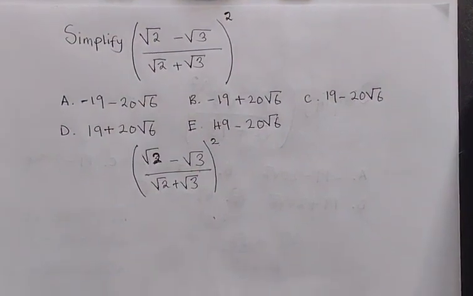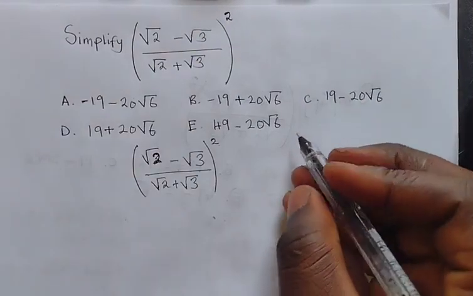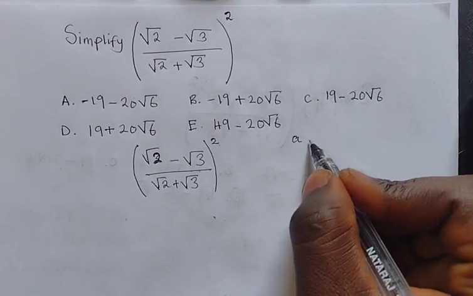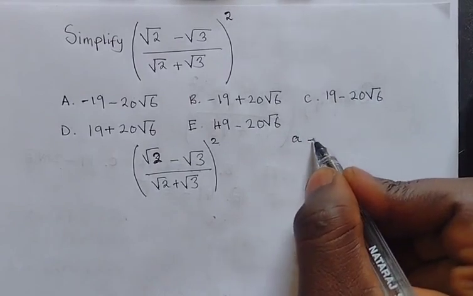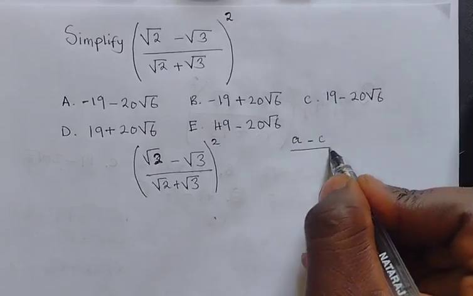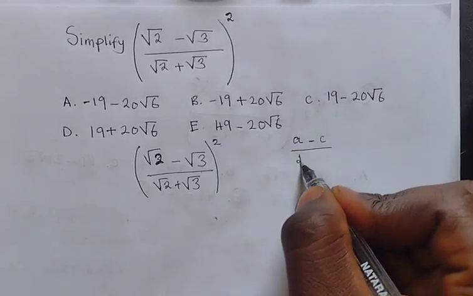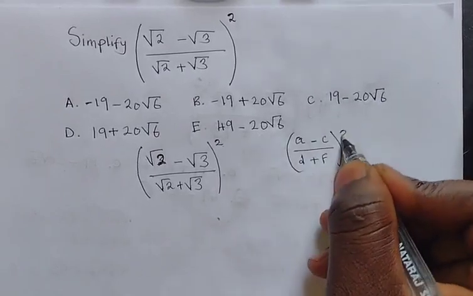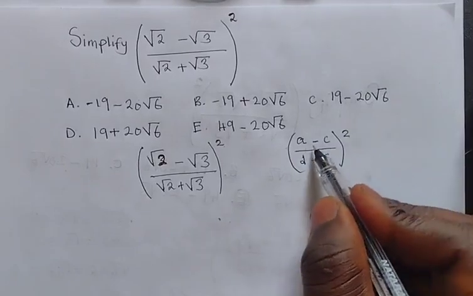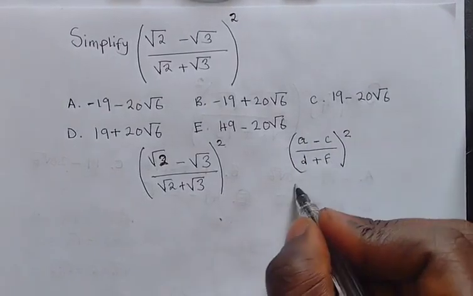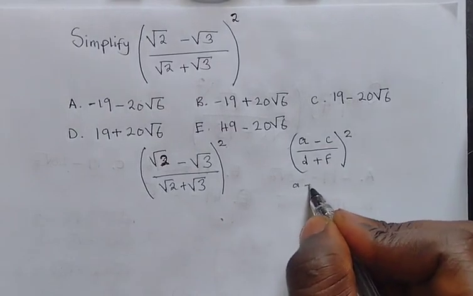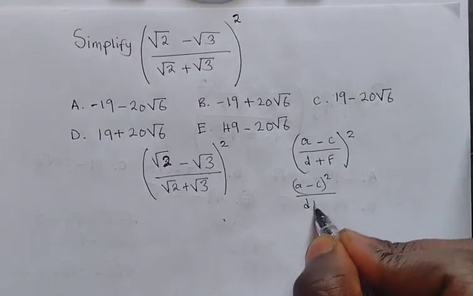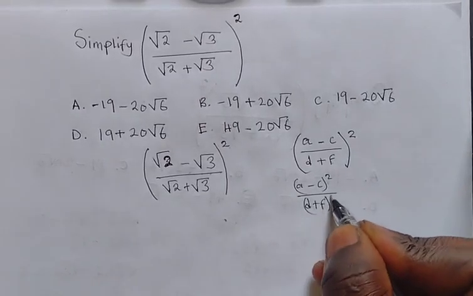So in other words, what we are saying is, if you have something like this, A minus C over D plus F, if you have something like this squared, it means that this is affecting this and this. So you can write it as A minus C squared over D plus F squared.